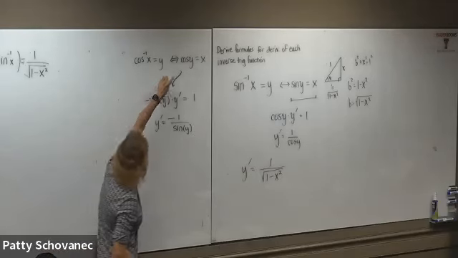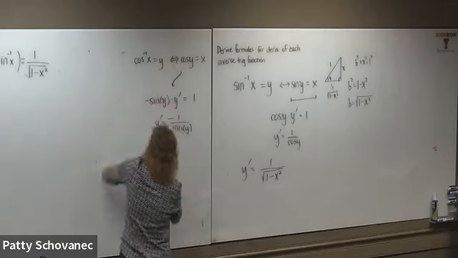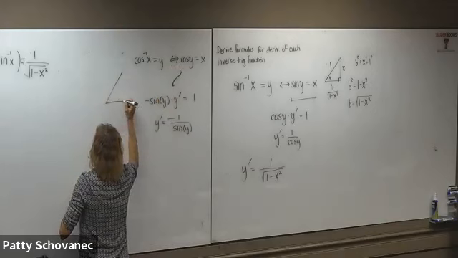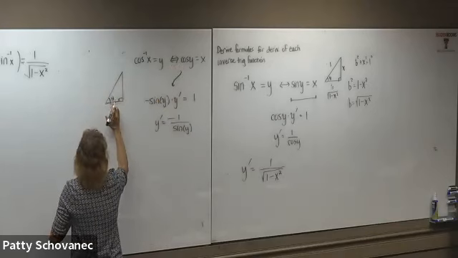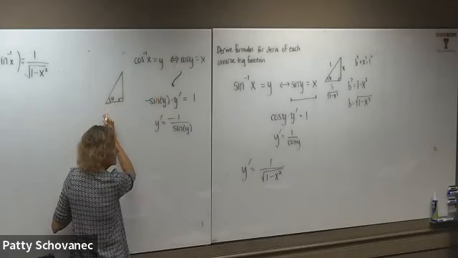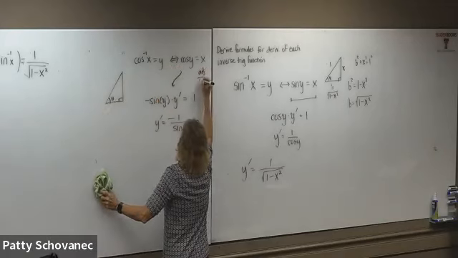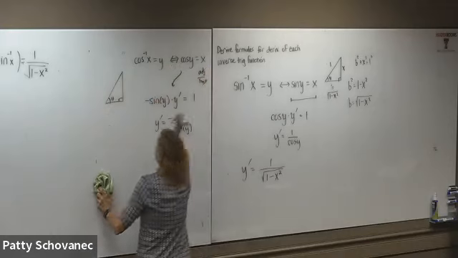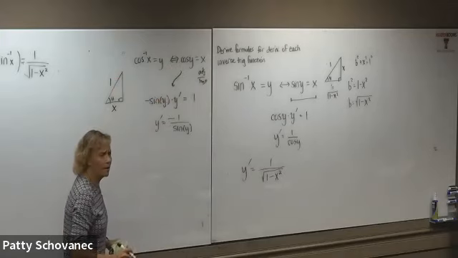Let's make the right triangle that goes with this picture. This picture says that in this right triangle, with this acute angle y, the cosine of y is x. The cosine is the adjacent over the hypotenuse. So this time my x lands here, and the 1 goes as the hypotenuse.